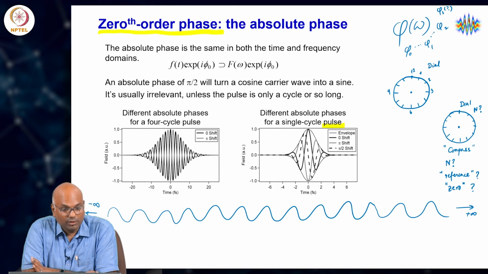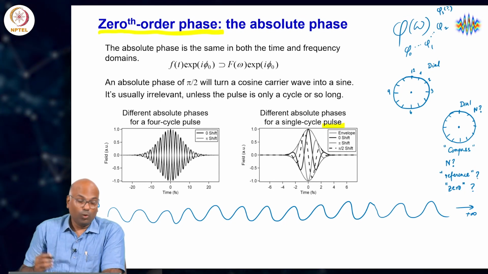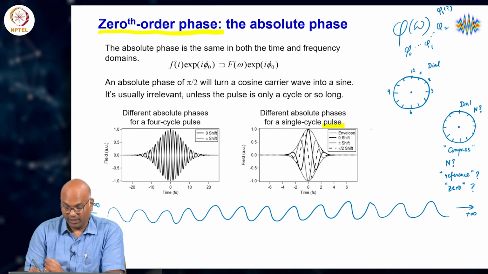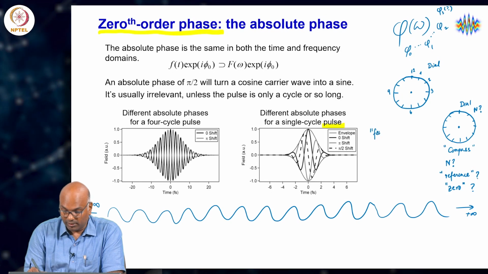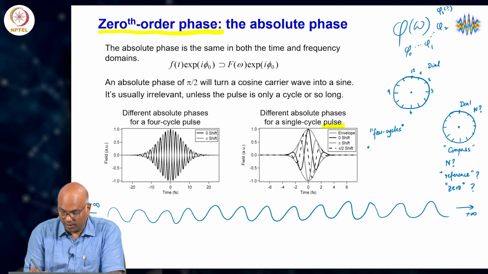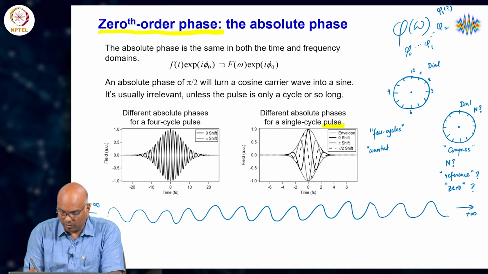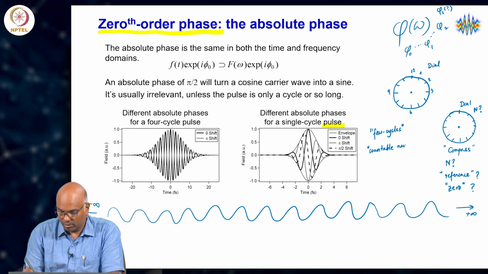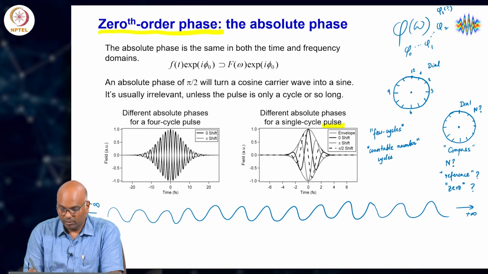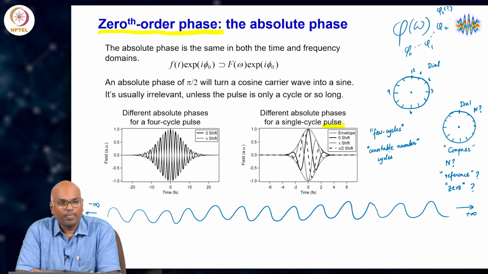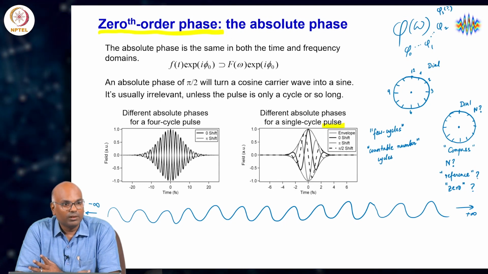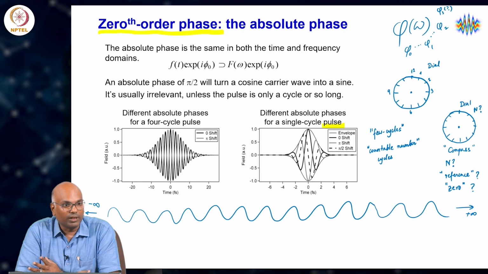The absolute phase has a reasonable meaning only in scenarios where we can even count the number of cycles, or something of the nature of a countable or trackable number of cycles, and I really need to keep track of this quantity, which varies from 0 to 2 pi within one cycle of the carrier wave.